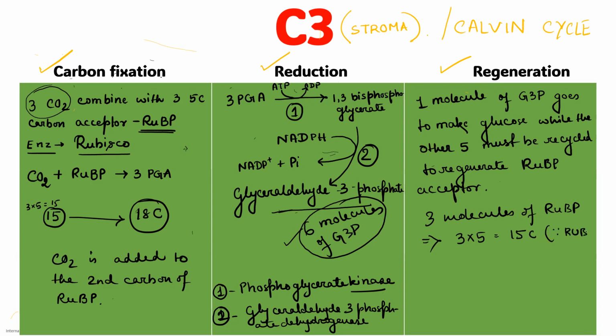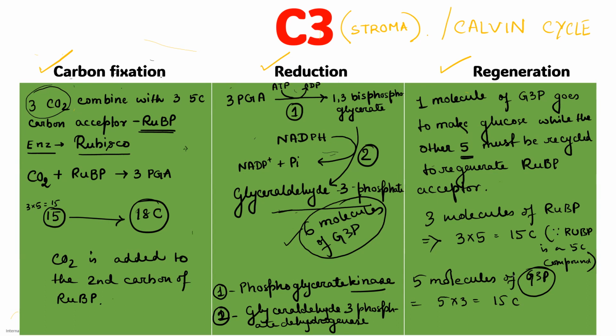Since RuBP is a 5-carbon compound, and here 5 molecules of G3P are going, G3P is a 3-carbon compound. 5 molecules of G3P means what? 5 into 3, which is 15 carbons, because G3P is a 3-carbon compound.